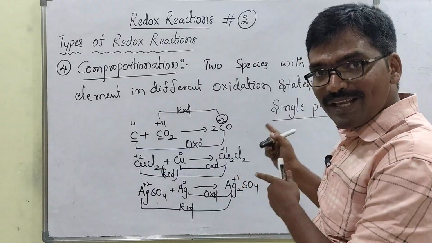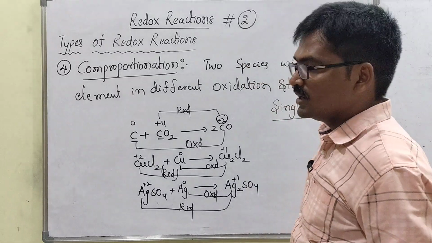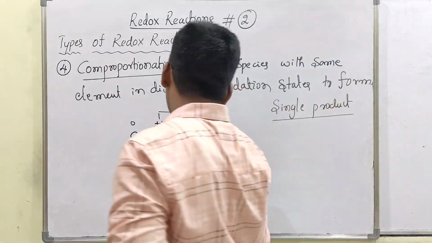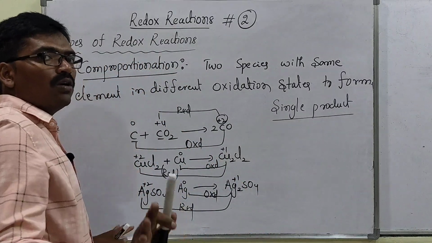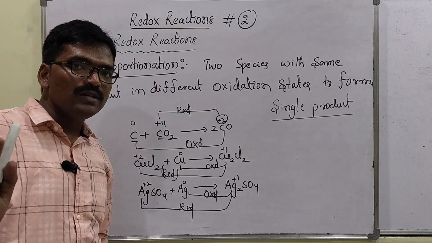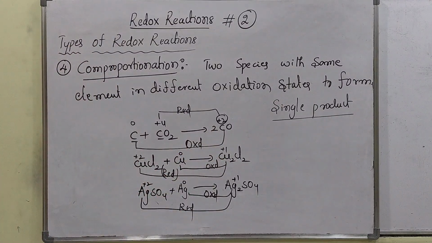So it is like a combination reaction, but here the same element is there, so both will combine, the same element will be there, so a single product will be formed. It is like a combination but not a combination, it is a comproportionation reaction. Understand, my dear students? Then one more reaction is there, just note it, we will discuss the next reaction.